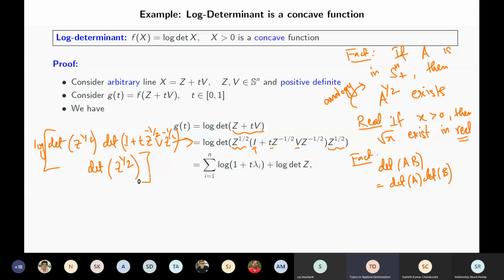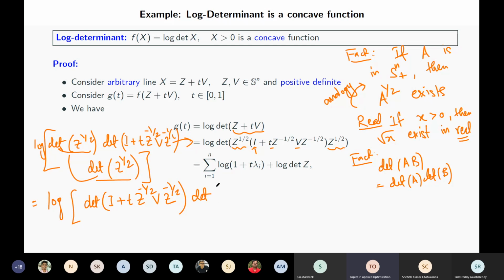Okay, and this will be, so this and this I can combine. So this will be log of, let me write the first term. So determinant of I plus T Z minus half V Z minus half is the first term, and then these two terms combine, and this becomes just determinant of Z. You get back the determinant of Z, and this is the logarithm.